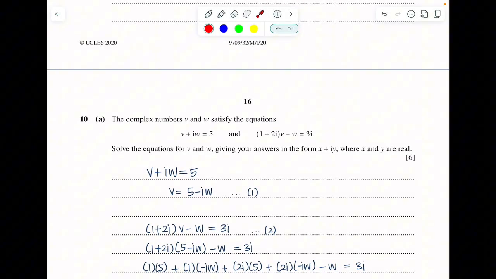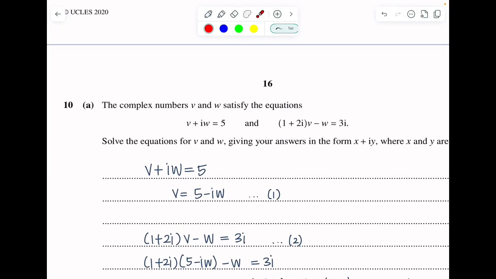Next question. The complex numbers v and w satisfy the equations v plus iw equals 5 and (1 plus 2i)v minus w equals 3i. Solve the equations for v and w, giving your answers in the form x plus iy, where x and y are real. Solve these two equations simultaneously.